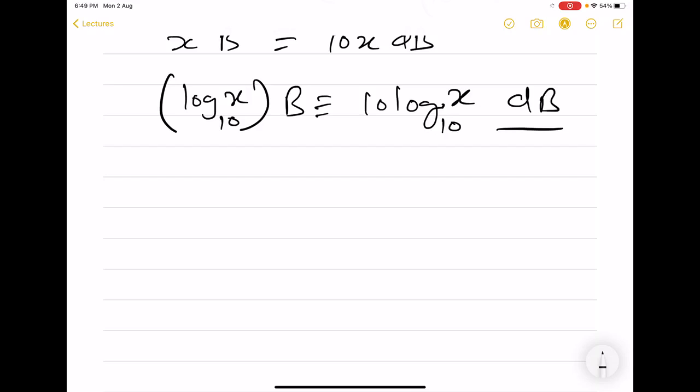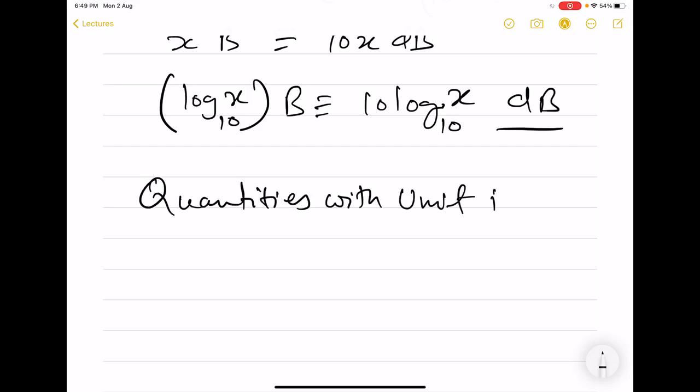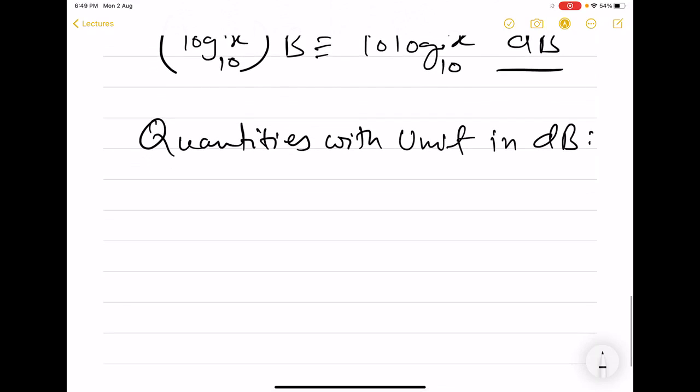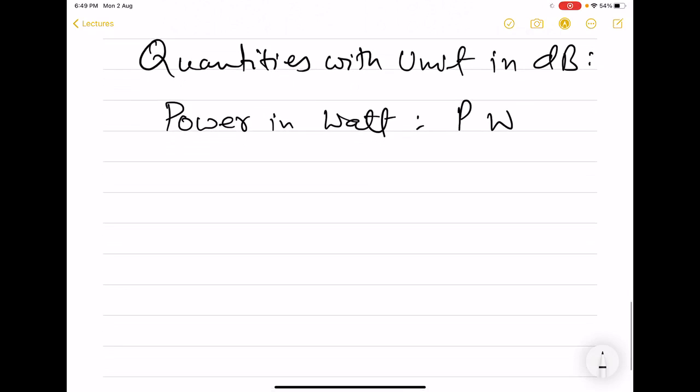So how do we represent quantities with unit in decibel? Say, for example, we have power P in watt, and we want to express this in dB scale.